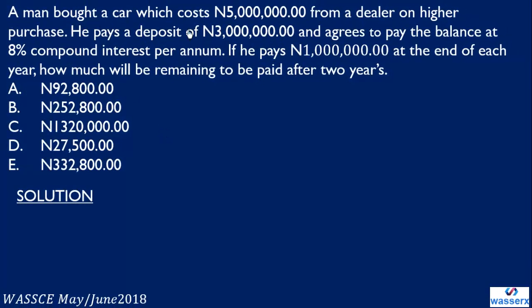We have this one too, and this is on simple interest. So we know the car cost 5 million naira, and he deposited 3 million naira. So the balance will be equal to the 5 million naira minus the 3 million naira.